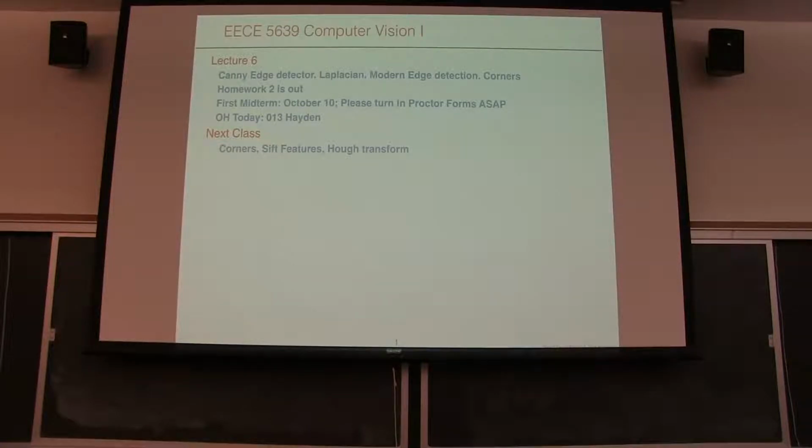And then I'm going to talk a little more of what has happened in recent years, in the last 3 or 4 years, where people have been trying to actually use machine learning to do edge detection. So it's more at the semantic level rather than at the very localized pixel level. Okay?